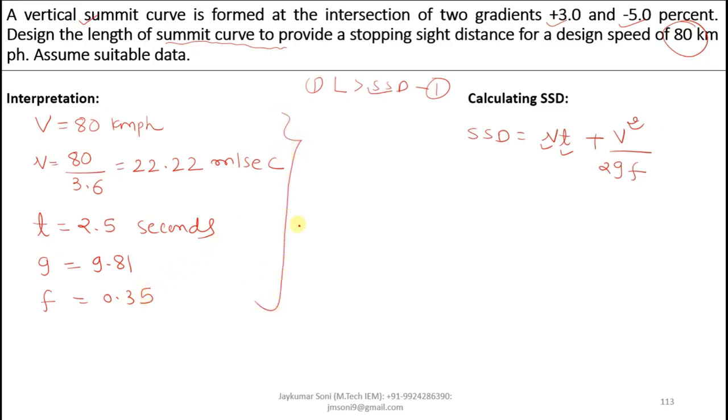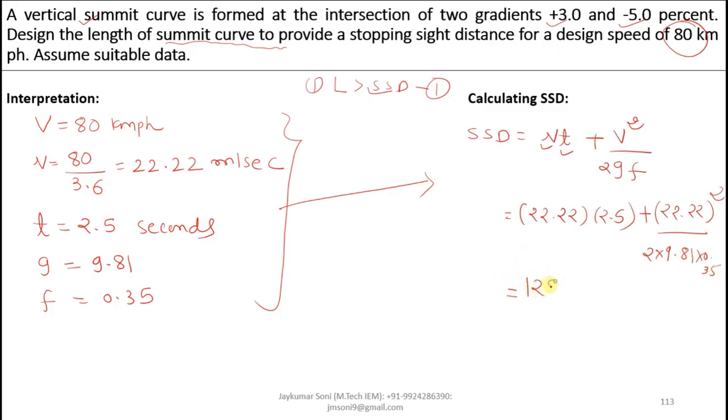If we substitute these values into the equation, we get 22.22 into 2.5 plus 22.22 whole square divided by 2 into 9.81 into 0.35. The value we will get as SSD is 128 meter.